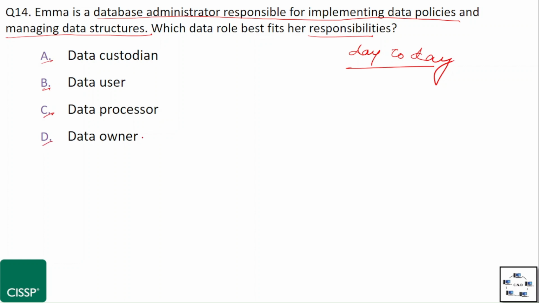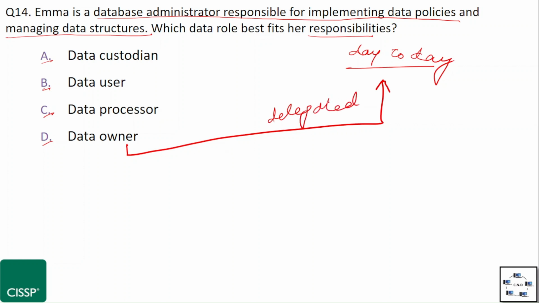So data owner is basically the actual owner of the data, and the owner does not himself or herself do this task. Rather, these tasks are delegated by the data owner to other roles. Data processor is, most of the time, a third party that processes data on behalf of the data owner or data controller.